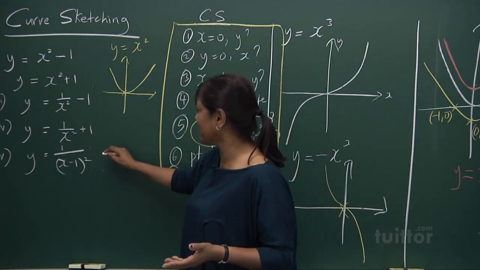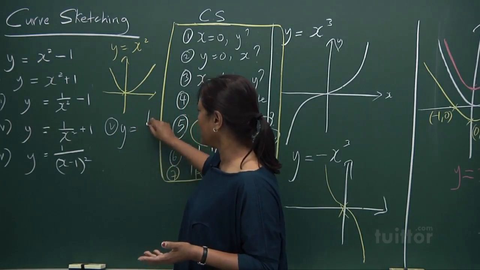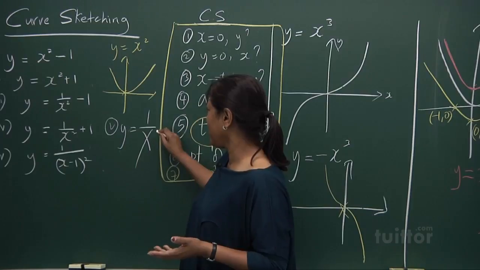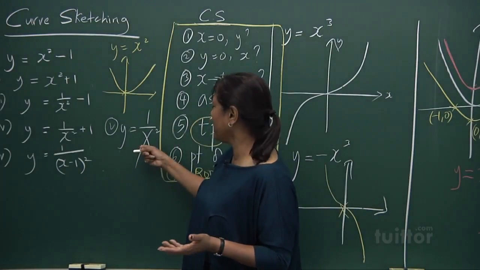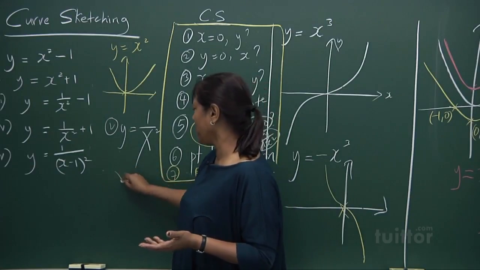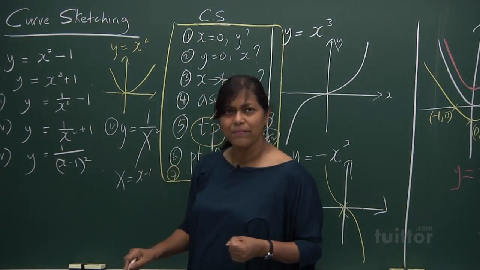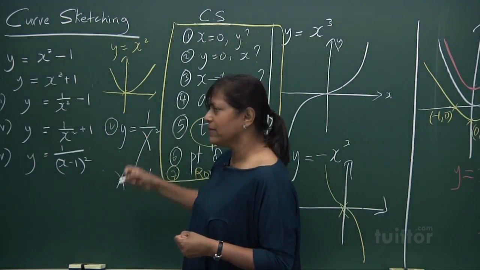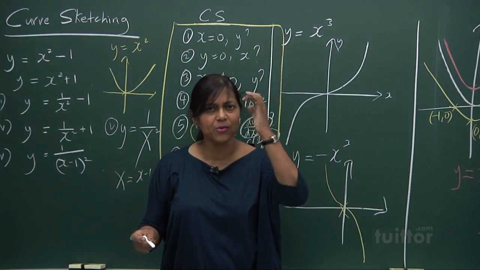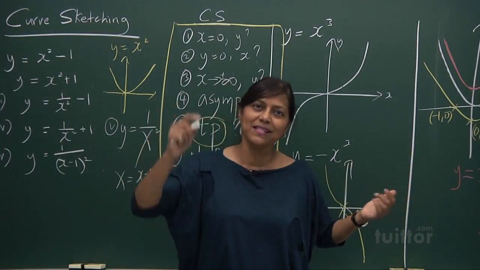Will it be the same as, I'm looking at part 5, I say, hey, y is 1 over big X squared. Why not? But what does big X equal? Your big X is none other than x minus 1. We know very clearly that this bottom, the big X, can never be 0 because 1 over 0 is infinity.